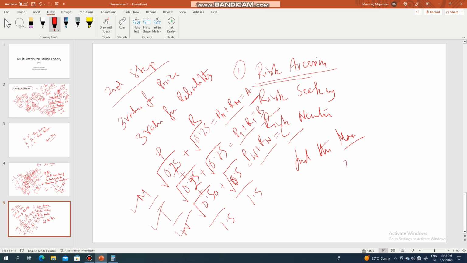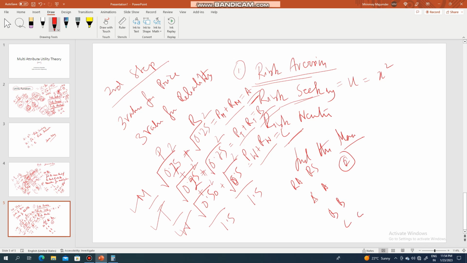And in substep 2, we will use the utility function of risk seeking. That means U is going to x squared. So these will be squared and added, squared and added, squared and added. And there also the new values of A, B, and C will arise. So A, B, C for risk aversion and A, B, C of risk seeking are there.